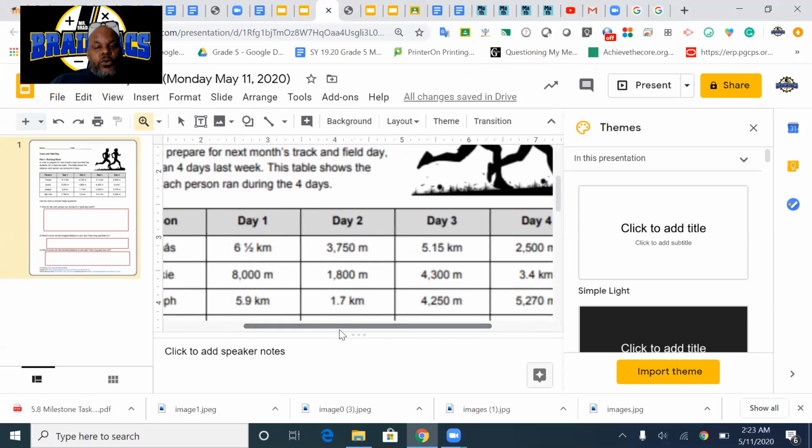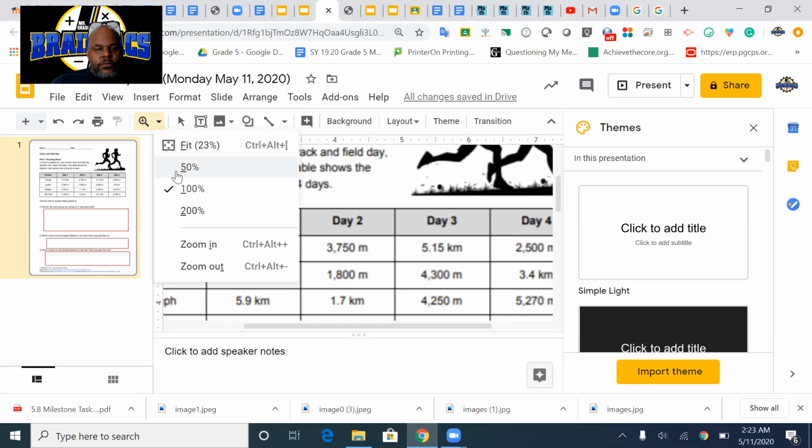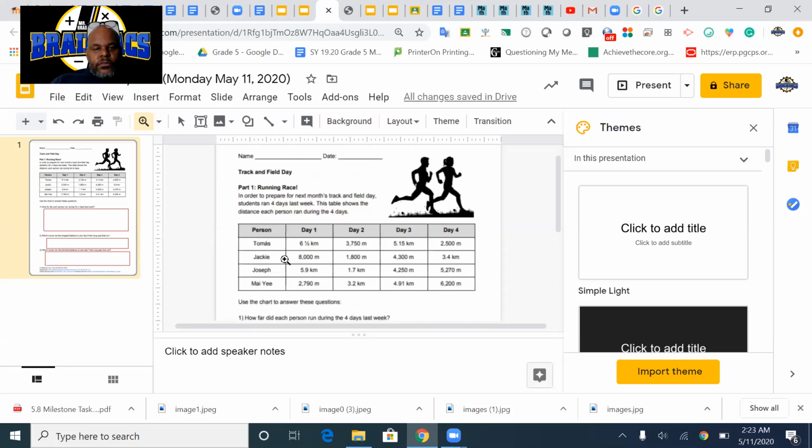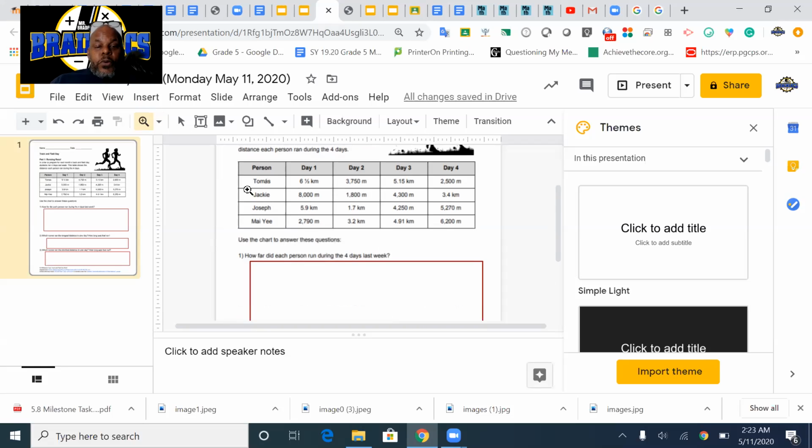So you have 4 people: Tomas, Jackie, Joseph, and Mayi. Now, these are each in metric units.